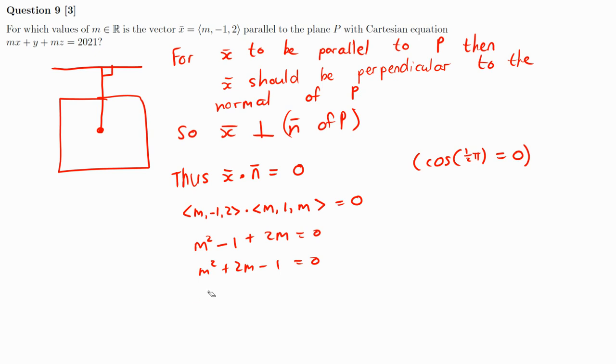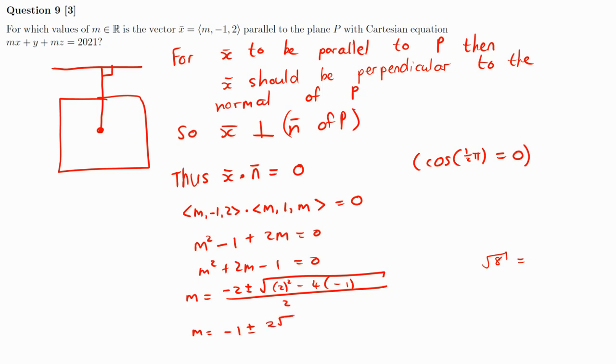So if we factorize this, it will be impossible. So our m would be equal to minus 2 plus or minus the square root of 2 squared minus 4 times minus 1, over 2. So our m would be minus 1 plus or minus, 4 plus 4 is 8, and square root of 8 is equal to 2 times square root of 2, over 2.